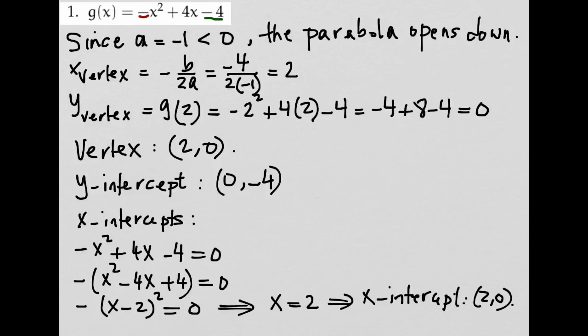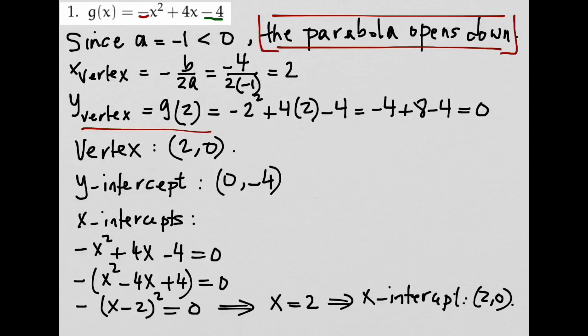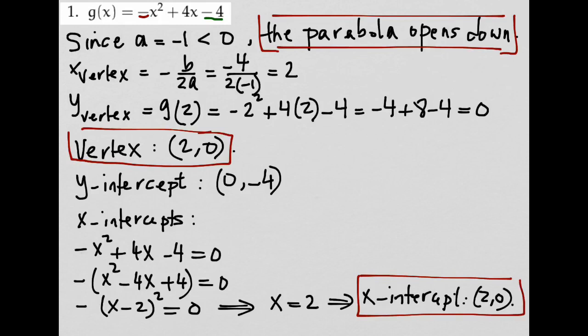So, let's summarize what we found. We found that our parabola opens down. We found that the vertex of our parabola is the point (2, 0), which happens to be the same as the x-intercept. And we found that the y-intercept is the point (0, -4).